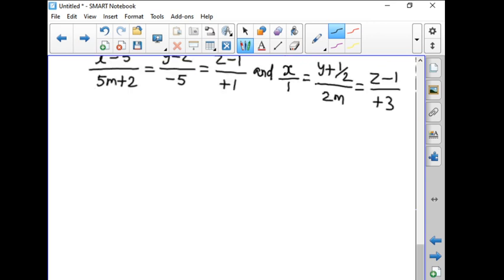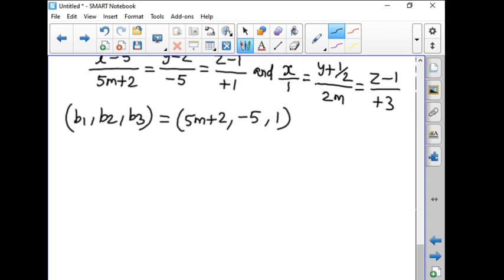Now let us write down B1, B2, B3 from the first line. What are B1, B2, B3? 5m plus 2, comma minus 5, comma 1. What are D1, D2, D3? 1, 2m, comma 3. Okay.